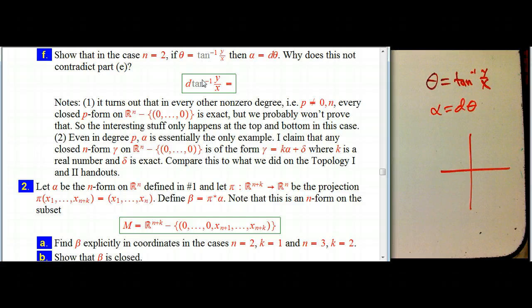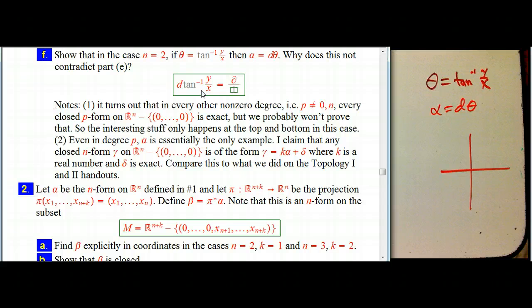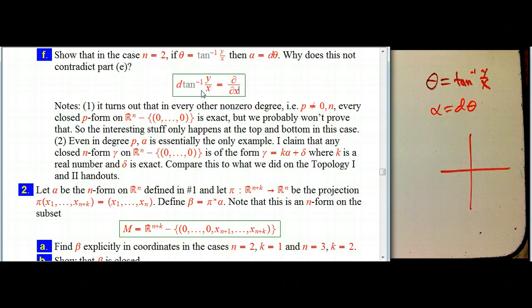So that's going to be partial with respect to x of this expression times dx plus a very similar thing with a dy.